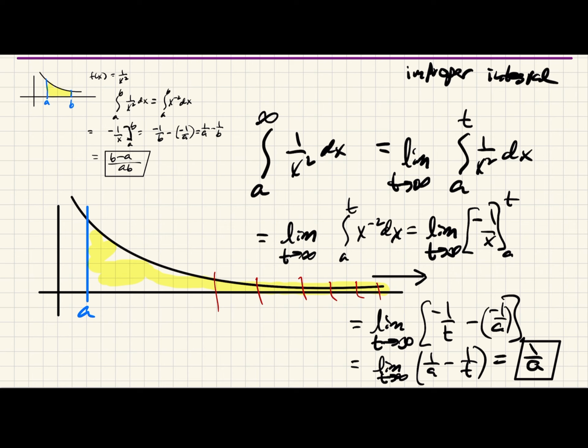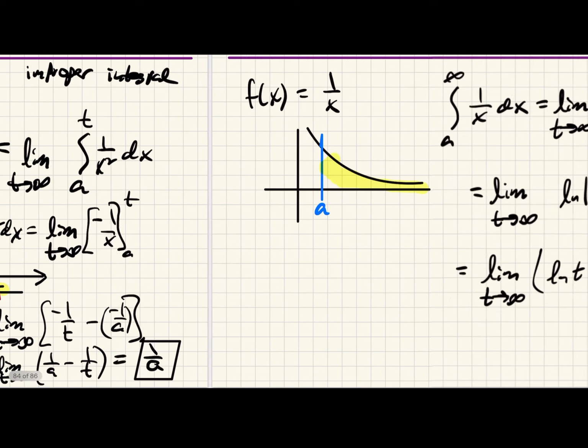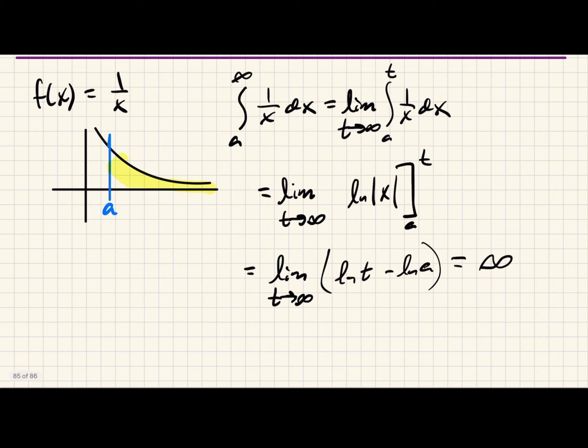Because this gave us a finite value, we're going to say that this is convergent. So the 1 over x squared function gave us a convergent value, or in other words, that improper integral in that case was convergent. In this case, because this improper integral gave us an infinite value, we say that it is divergent.